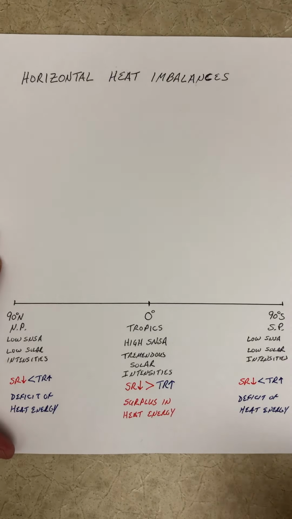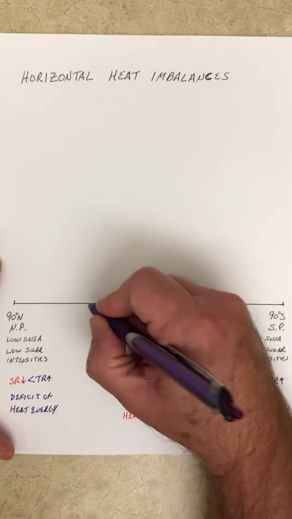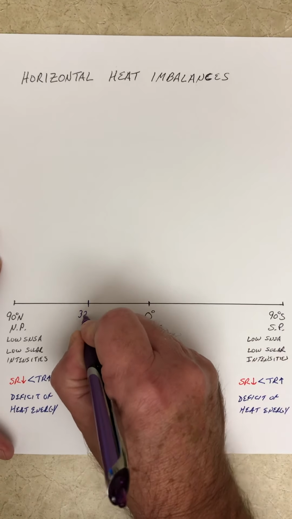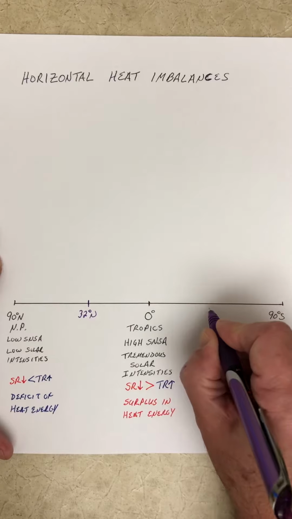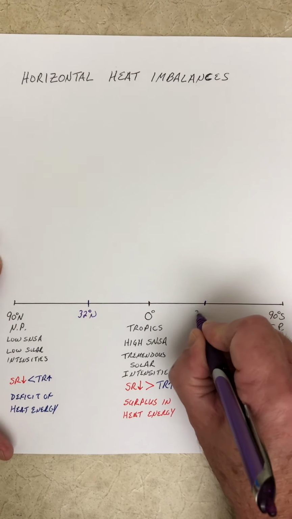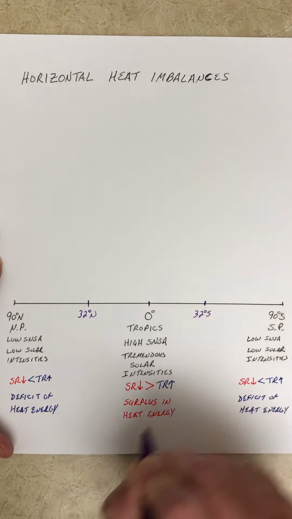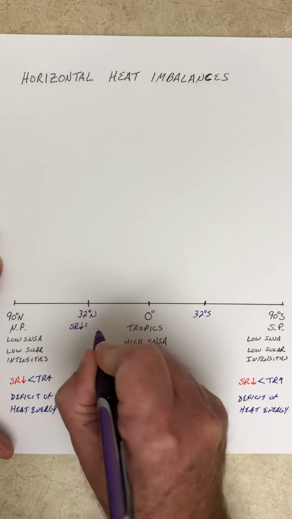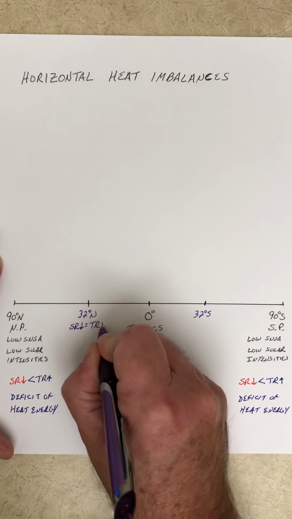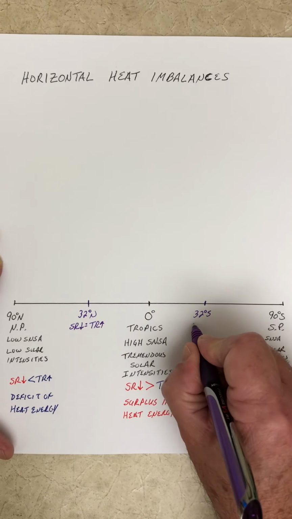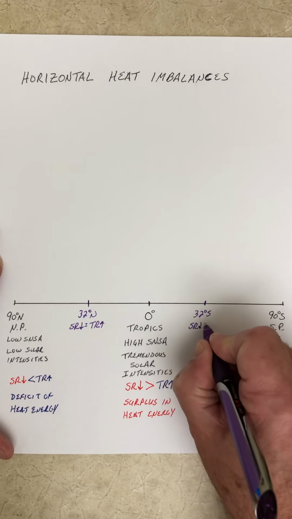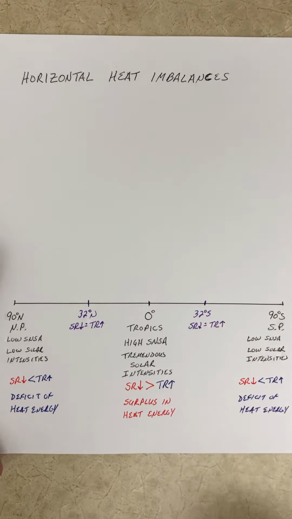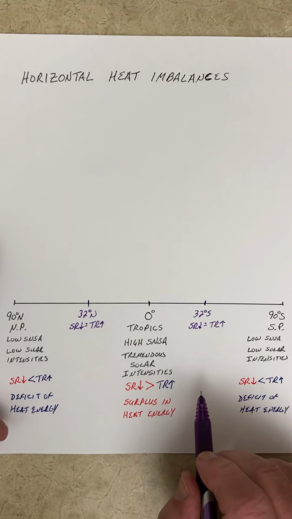What it turns out to be is right around 32 degrees north latitude and 32 degrees south latitude. That's where incoming solar equals outgoing terrestrial. So that's where you have a balance of incoming solar radiation and outgoing terrestrial radiation.